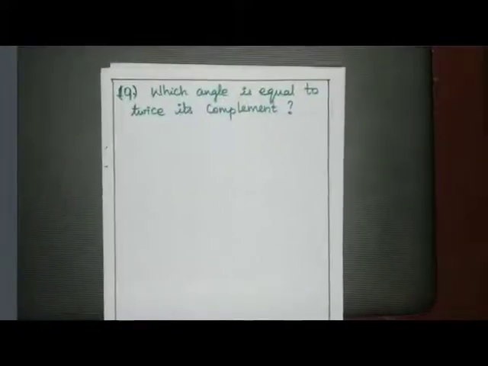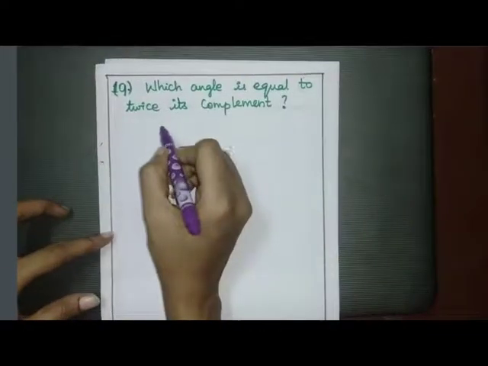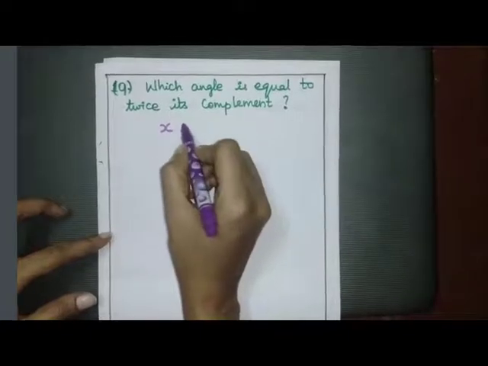Next one, ninth problem. Which angle is equal to twice its complement? What are complementary angles? Two angles are said to be complementary to each other if they add up to 90 degrees. So I am taking the two angles as x and y.